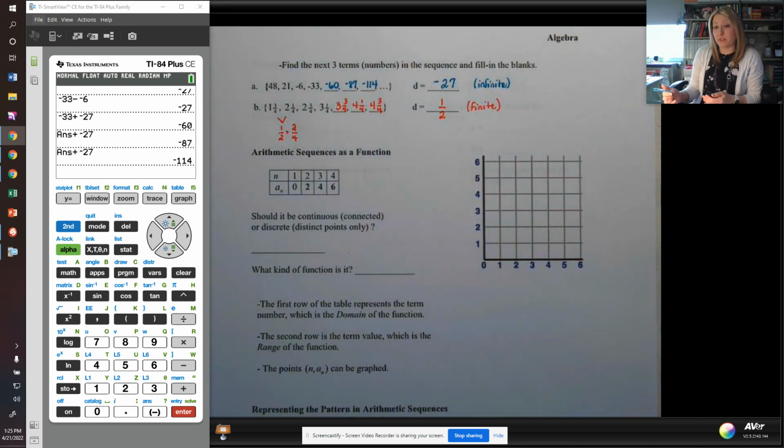So one of the big differences between the types of sequences is how they present if you were to graph the pattern on a coordinate plane. Of course, we'll typically be looking at the first quadrant and the fourth quadrant, because we'll only be looking at positive nth terms, since you won't have a negative number of things in your sequence. You can only have starting at 1, then 2, then 3, then 4.